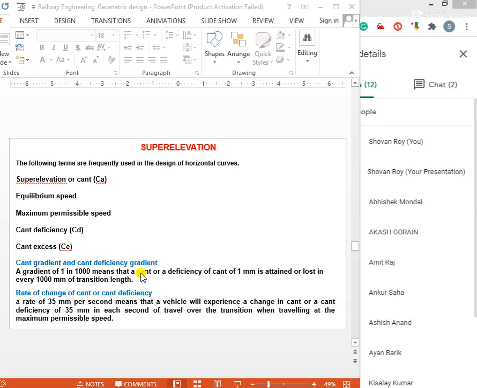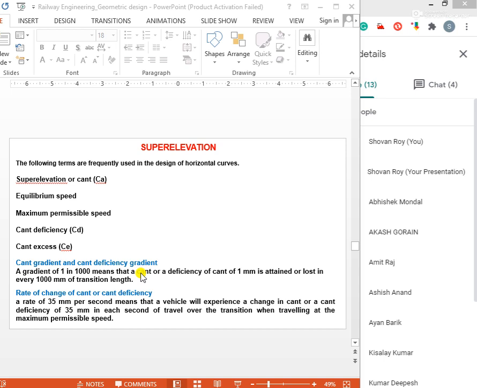So the super elevation required for 80 kilometer per hour is different from that for 60 kilometer per hour. On the track, the super elevation actually provided is for 60 kilometer per hour. This difference of super elevation value is the cant deficiency.